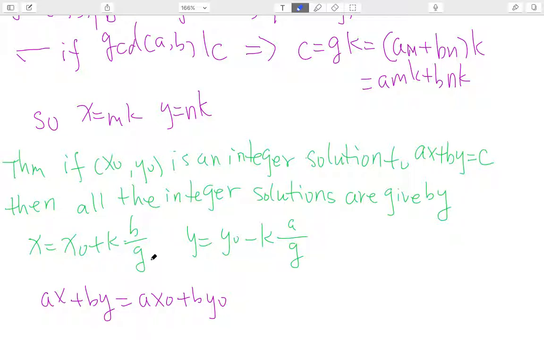So the first step is to substitute c with ax0 plus by0, since x0 and y0 is a solution, it must have ax0 plus by0 is equal to c. So you can do the substitution like that.